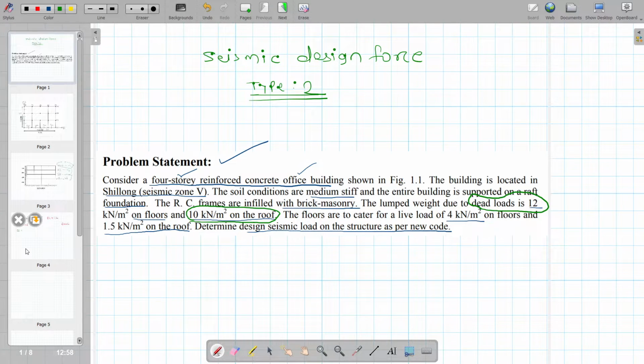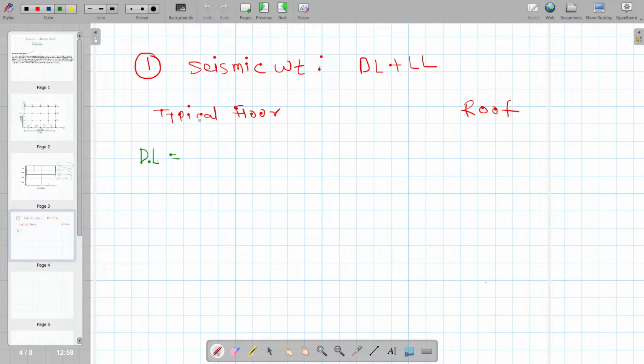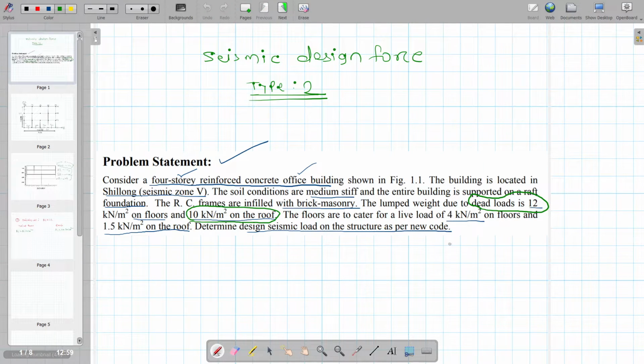So the dead load for a typical floor is 12 kN per meter square, whereas the dead load for the roof is 10 kN per meter square. Now let's check what the live load is. The live load given is 4 kN per meter square.